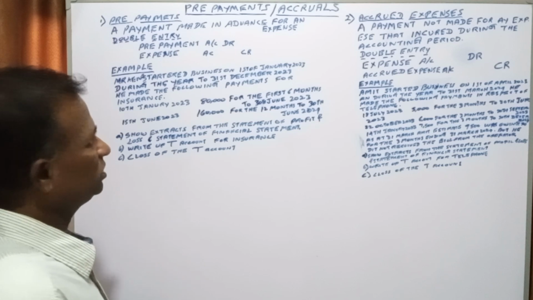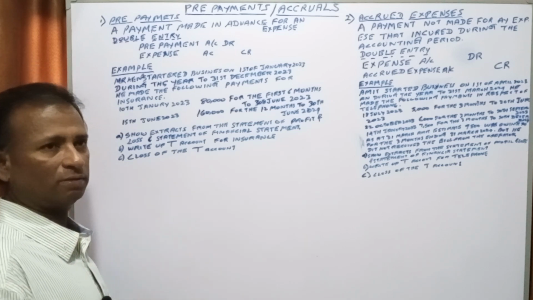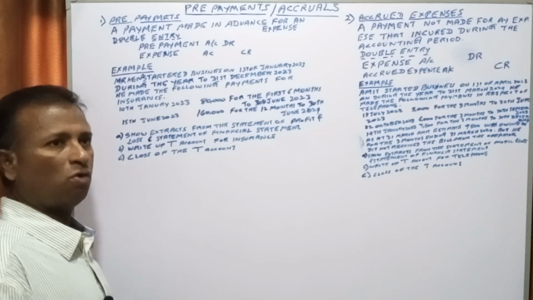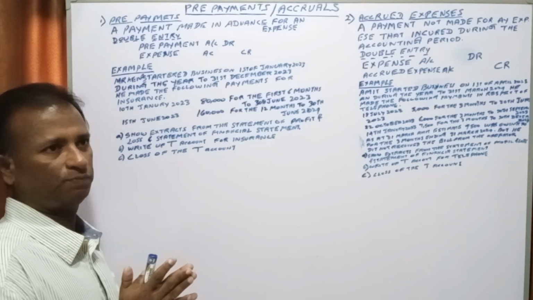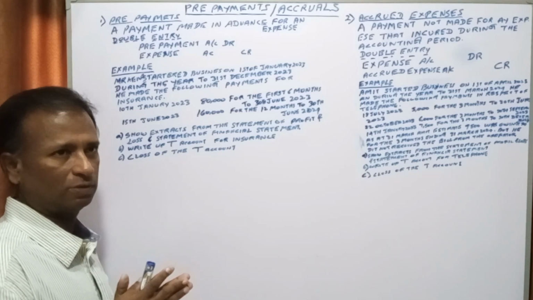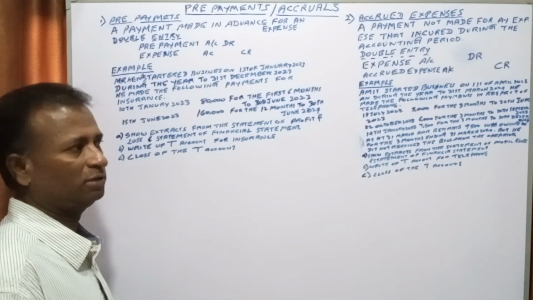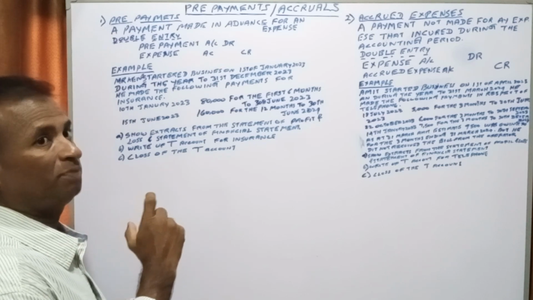For example, if we have made a payment in advance for the telephone, it is already in the expenses account. Understood? So we have to remove that from the expenses account and debit it to the prepayments account.